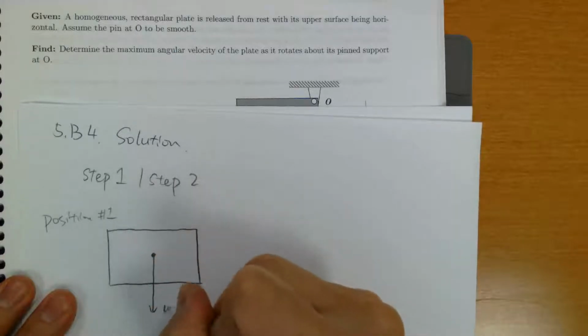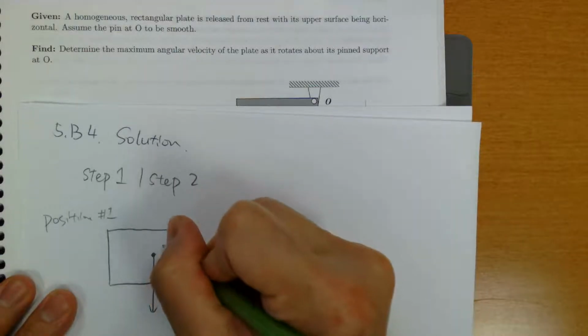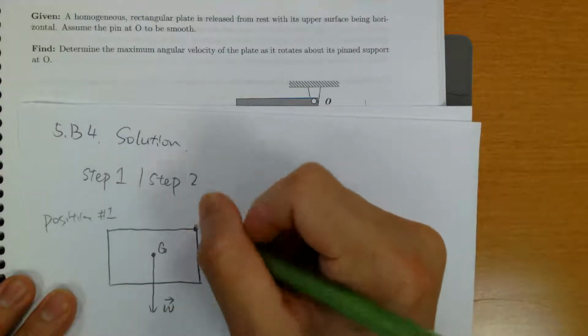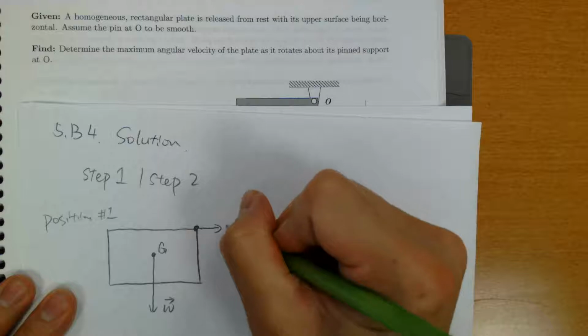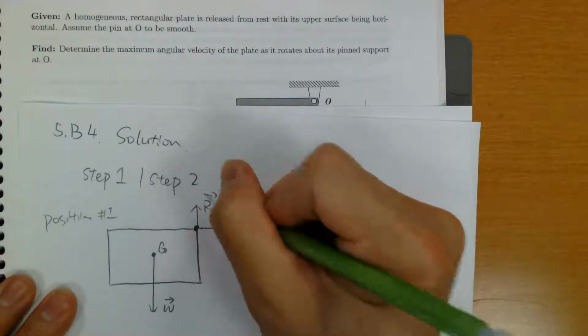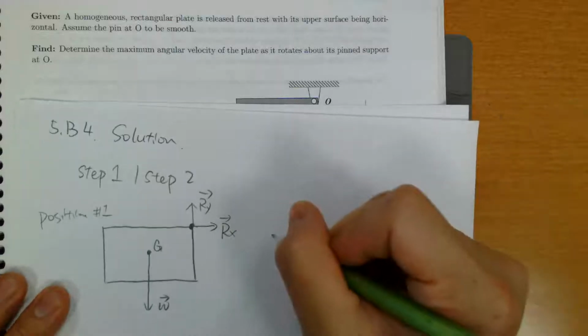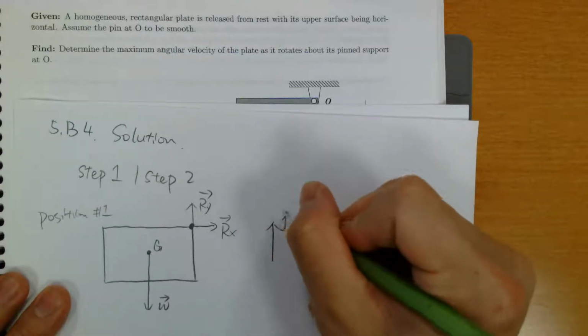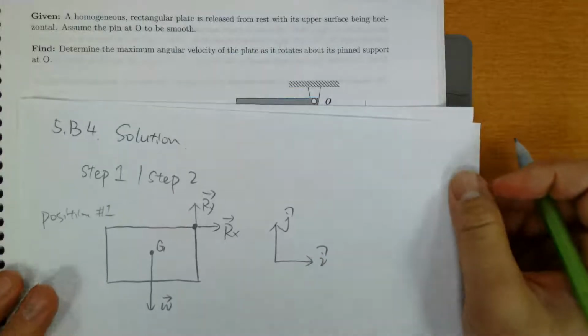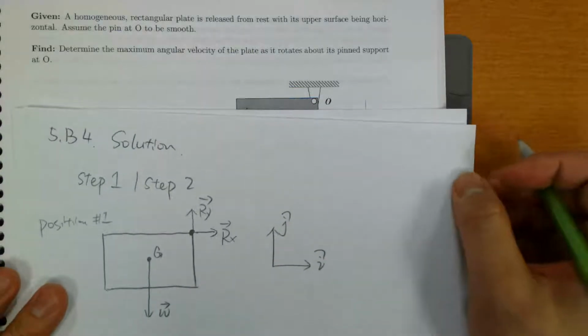The weight force passes through the mass center, let's call that point G, and point O is the support, so we have reaction forces Rx and Ry. And we can set up a coordinate system. Let's use i, j as our coordinate system. So this would be our step one, two.